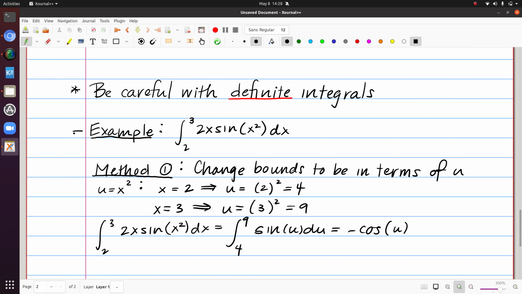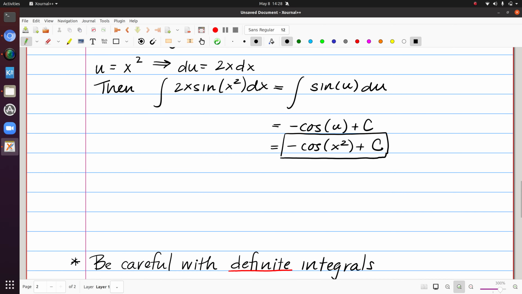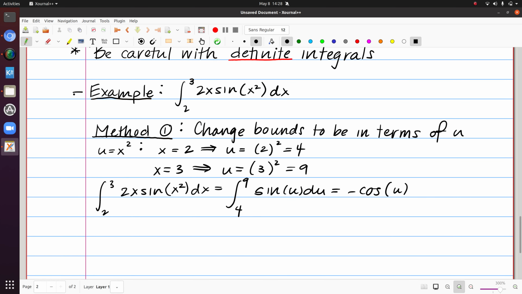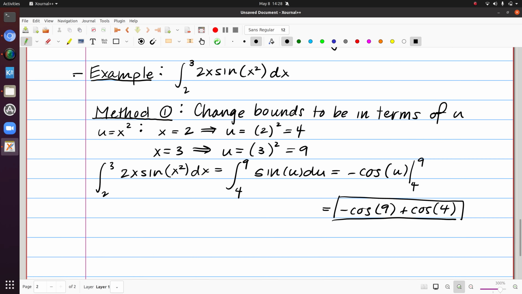And the nice thing about this is that, unlike my earlier example, I don't have to now rewrite it as minus cosine of x squared, because I've changed the entire problem to be in terms of the new variable. And plugging these in, we would get minus cosine of 9 minus a negative, or plus cosine of 4. So this is one method, and like I said, this is my personal preferred method.